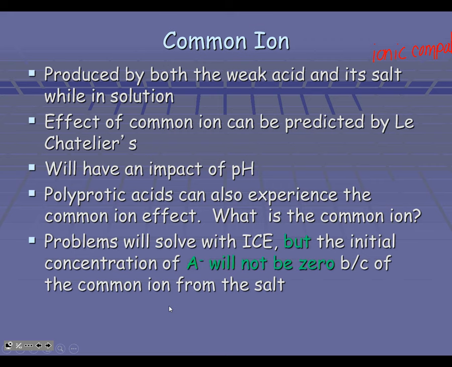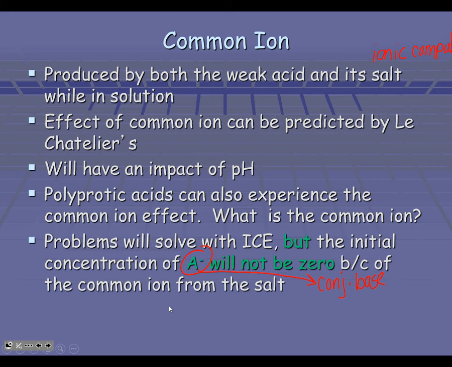We will continue to work these problems with ice, but what's going to happen is the initial concentration of the A minus changes. When I say the A minus here, we're referring to that as the conjugate base of our weak acid. In all of our other ice problems, that conjugate base started out as 0.